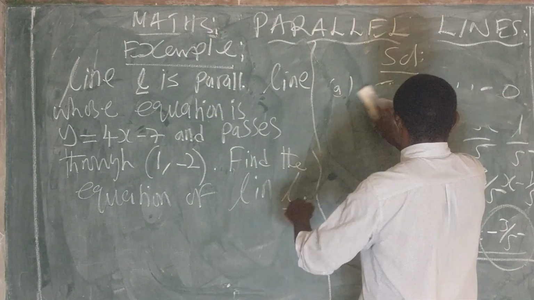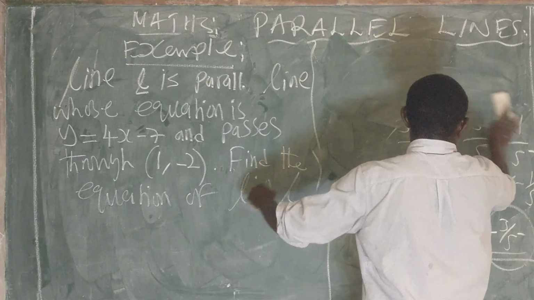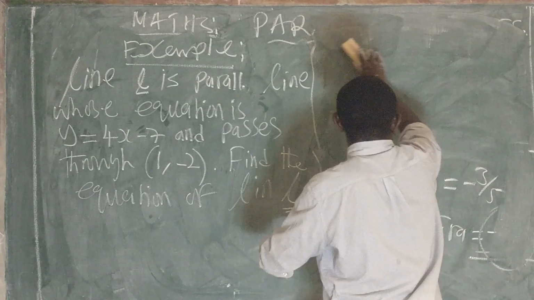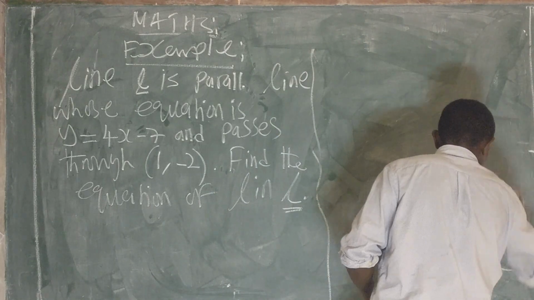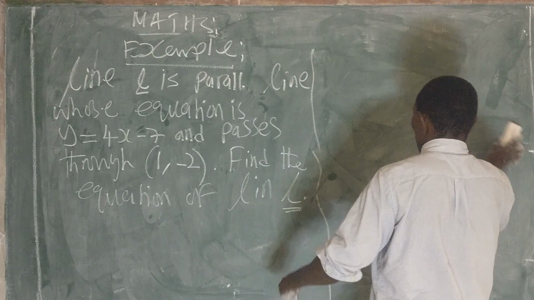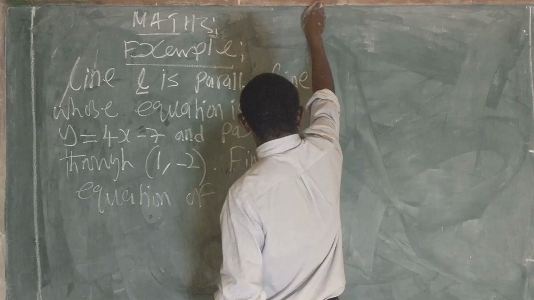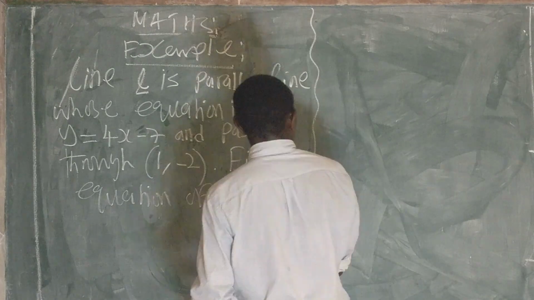We are given two lines and we are told that one line is parallel to the other one. This line's gradient is known, its equation is known. What is the equation of the other line parallel to it?